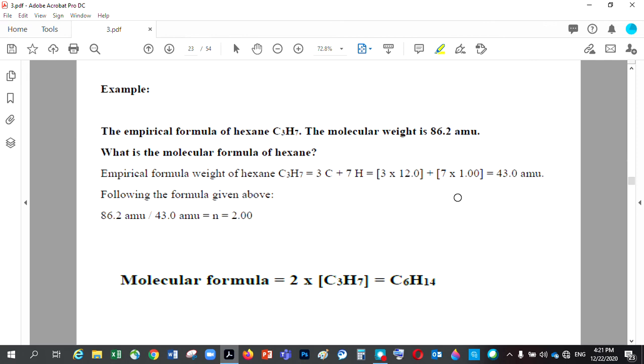It says the empirical formula of hexane is C3H7. So the molecular weight, this is the whole, the total, is 86.2 AMU or gram per mole, correct?